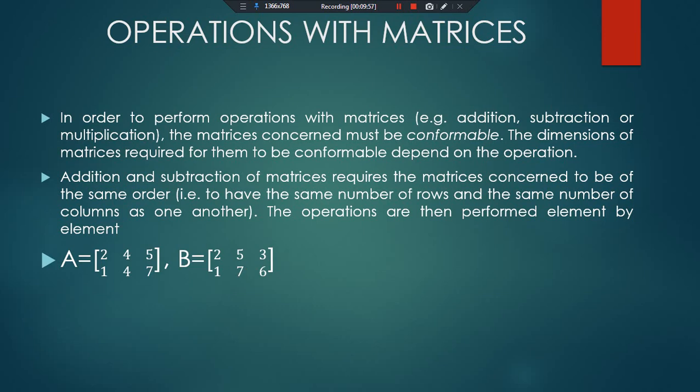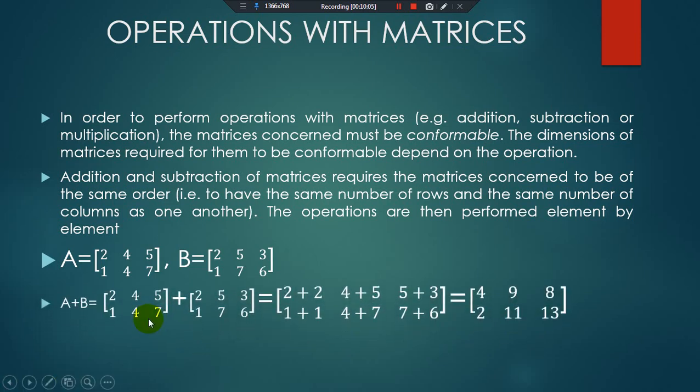For subtraction and addition, you need an equal number of rows and an equal number of columns in the two matrices. So let's see the addition process. We are going to add A plus B: you add 2 with 2, 4 with 5, 5 with 3, 1 with 1, 4 with 7, and 7 with 6.